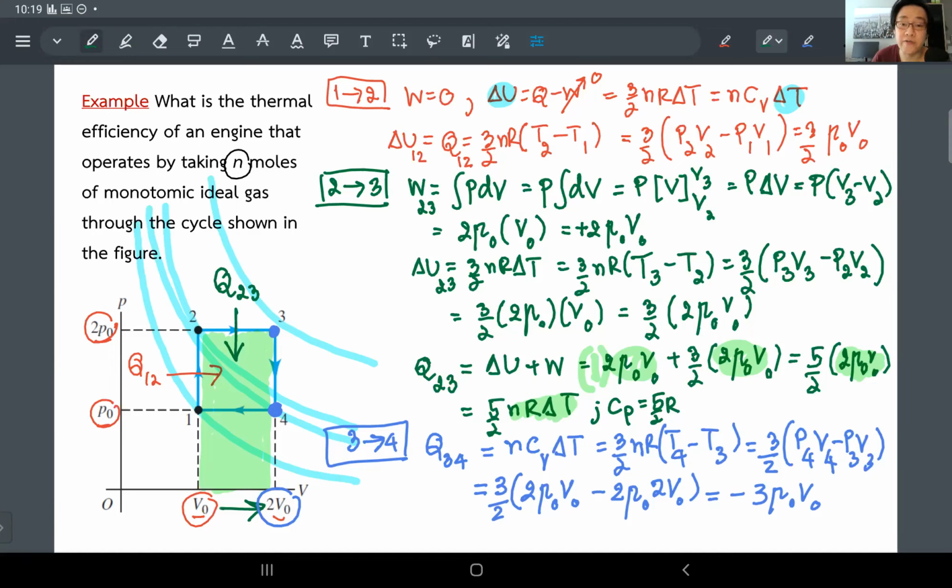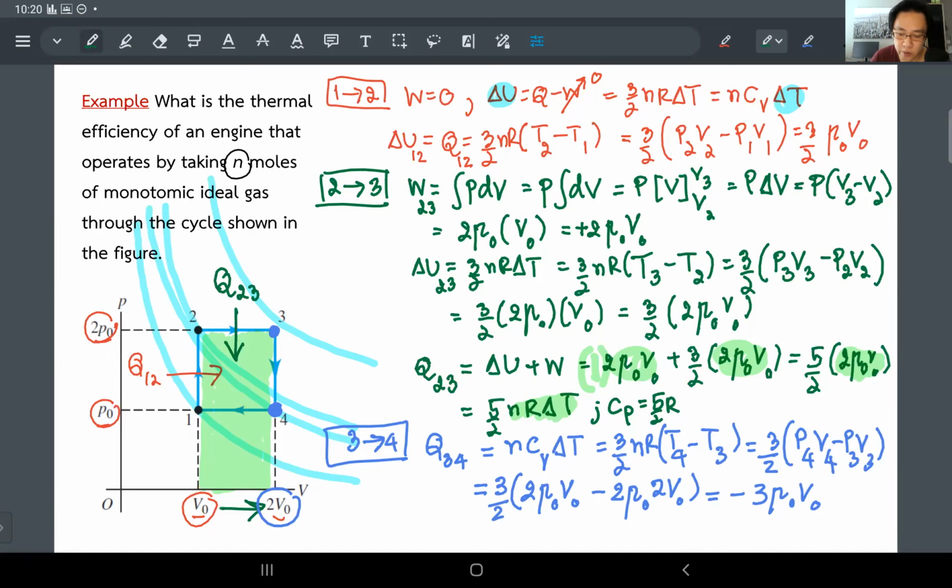We have that extra 5½ R defined as the molar specific heat. Does that help? Okay. All right. That's just the way that the textbook arranged the form of the heat during the constant pressure process.